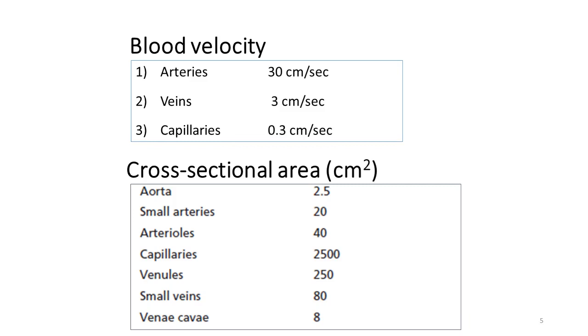It is very high, so the total cross-sectional area in the capillary is much higher than in other vessels, because we need a very large amount of area to exchange the gases, nutrients and molecules between the blood and interstitial fluid.